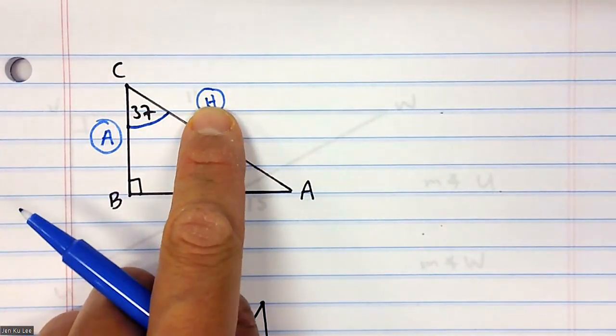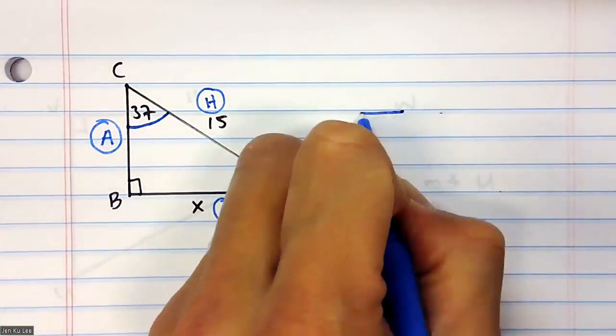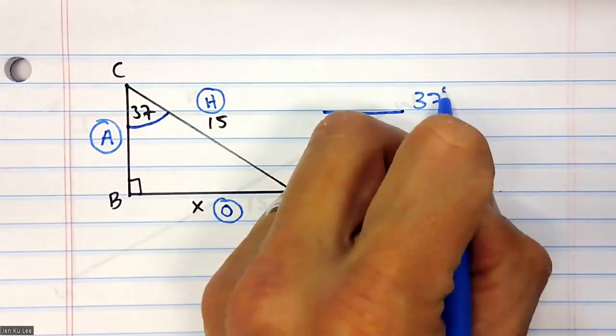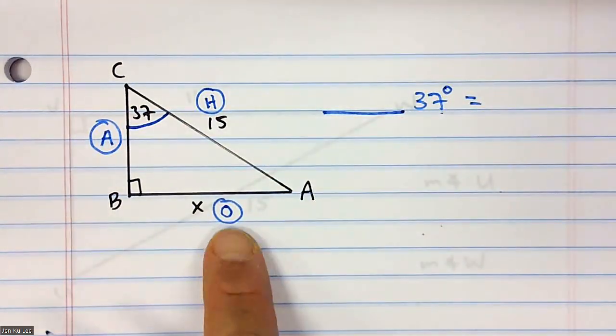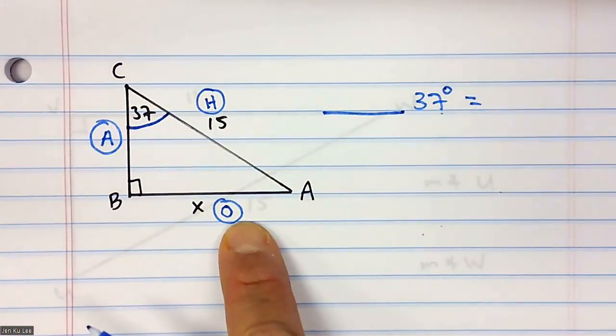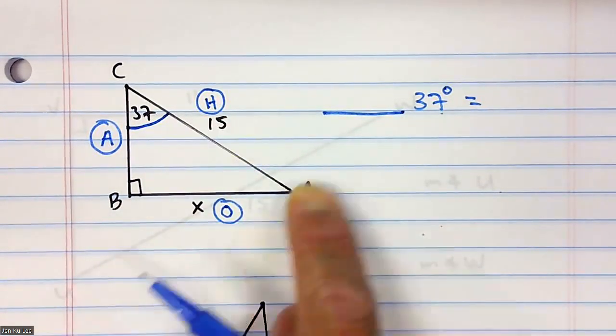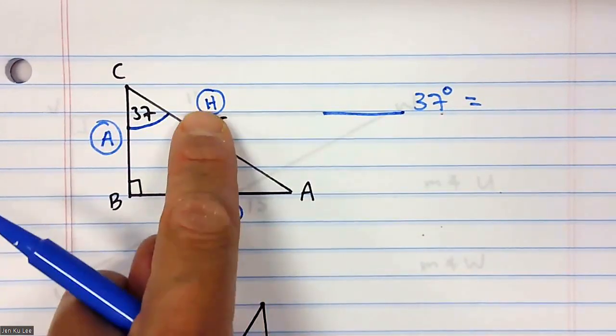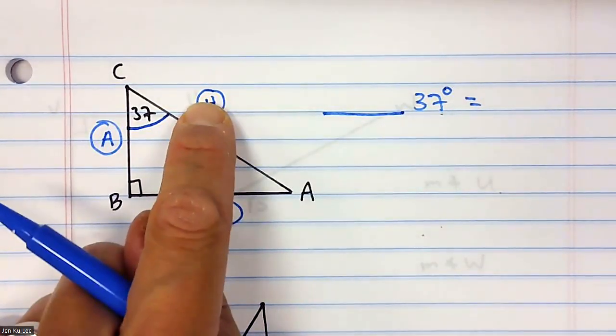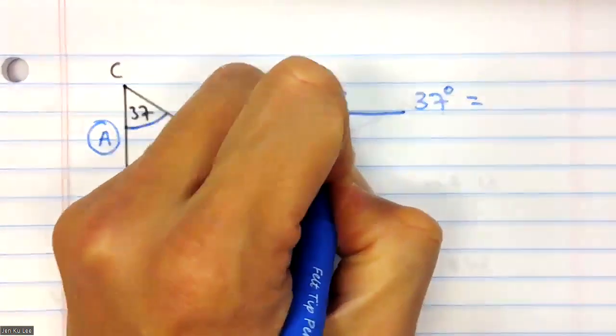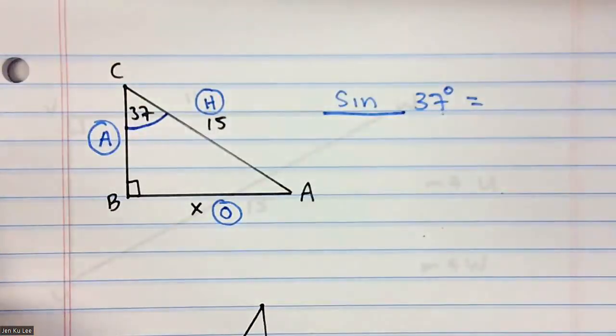So what trig function of 37 degrees deals with opposite and hypotenuse? Sine, right? Does that make sense?